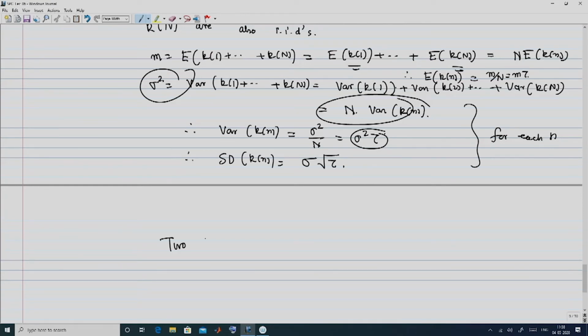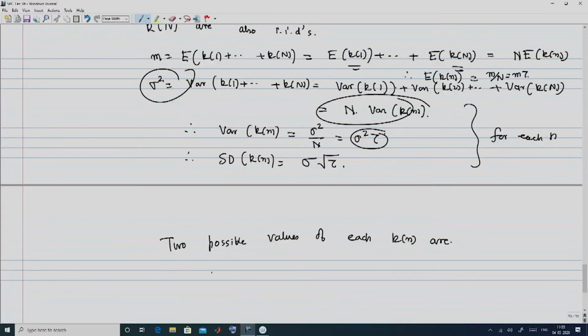Now, I want to figure out what my random variable k n is going to be in terms of m and sigma. So, I make a total obvious choice. The two possible values of each k n are: ln of 1 plus u, which is m of tau plus sigma square root of tau, and ln of 1 plus d, which is m of tau minus sigma square root of tau.